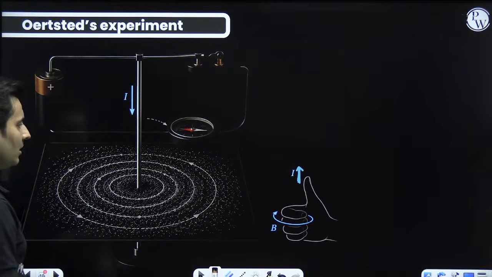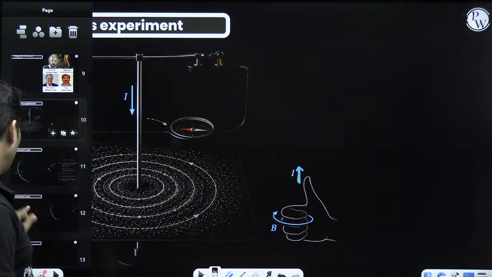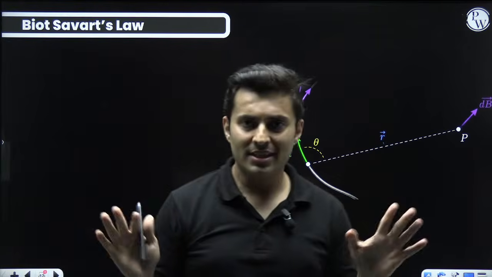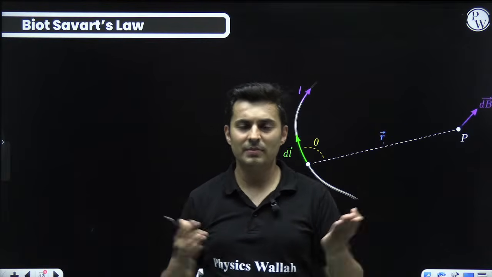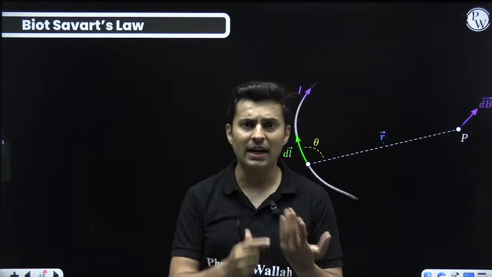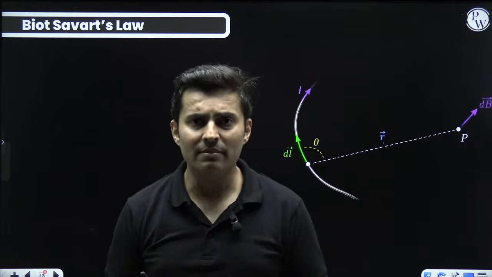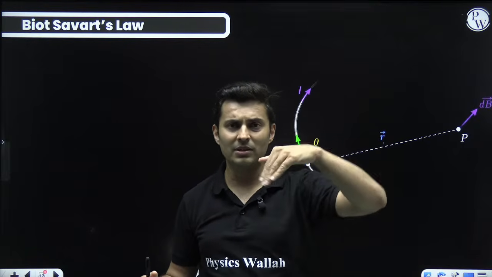Okay, perfect. Cool. Now let us talk about Biot-Savart's law. Oersted's experiment just proved that moving charges, which is basically current, create a magnetic field around them. Now every time our wires might not be straight, there could be a bend or some curve in it.